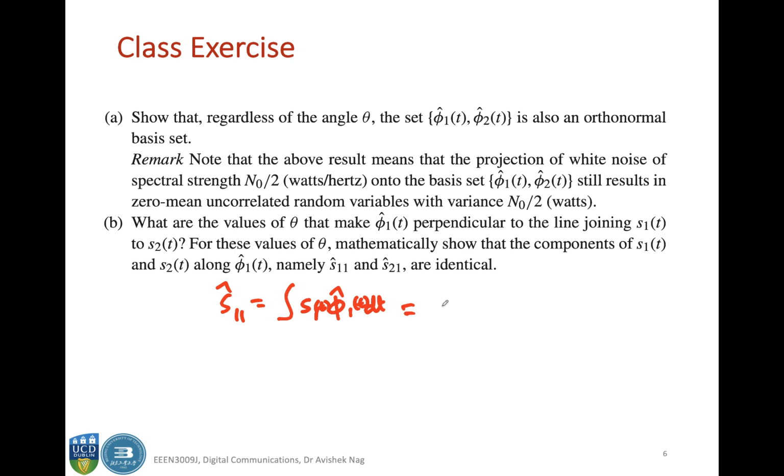In this case, you can write S1 as S11 times phi 1 plus S12 times phi 2, and phi 1 hat as cosine theta of phi 1 plus sine theta of phi 2.